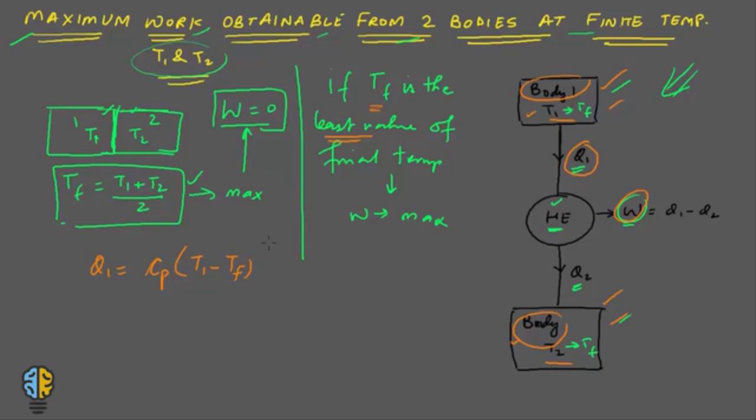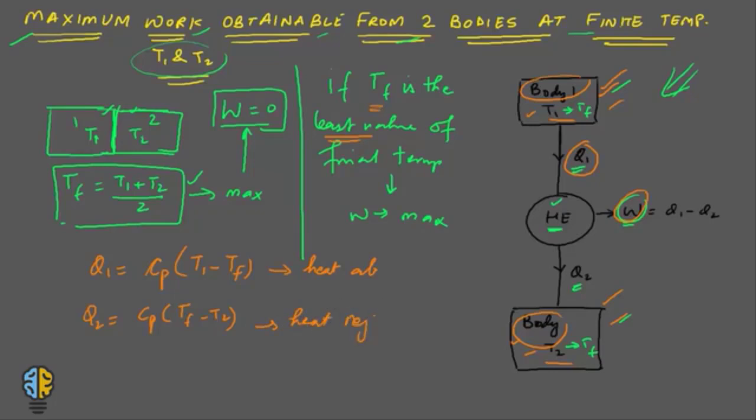So this is the heat lost by body 1. Now the total heat that is rejected to body 2 is Q2, isn't it? So we get Cp times Tf minus T2. So this is the heat absorbed, and this is the heat rejected.